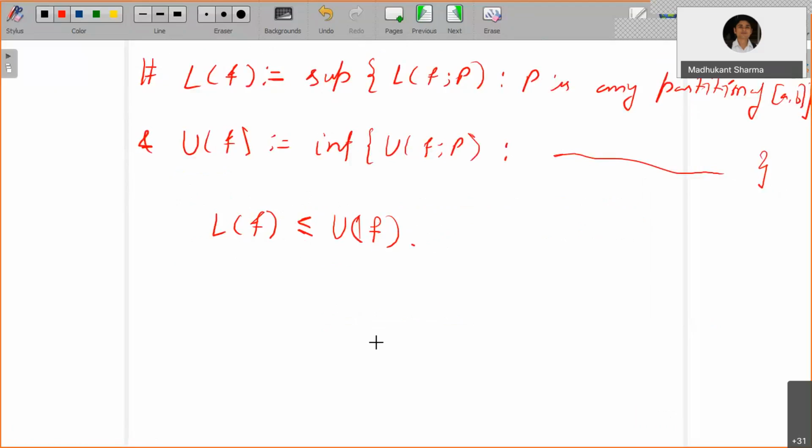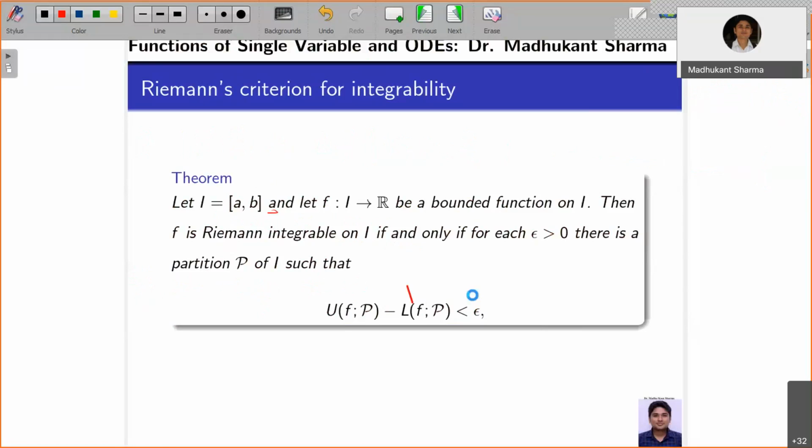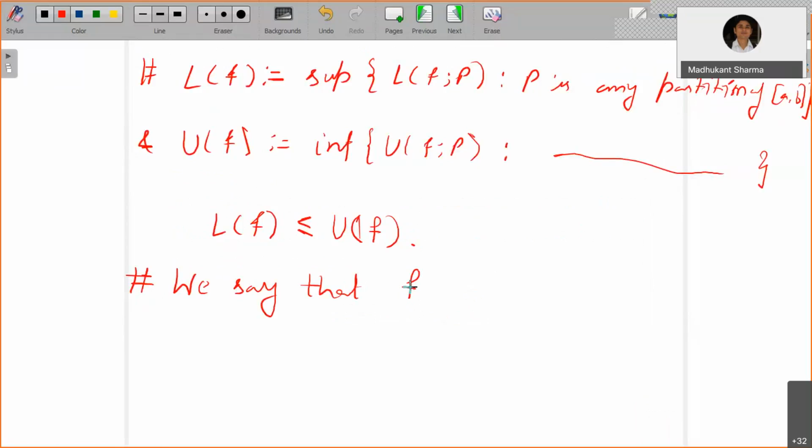Then we say that f is Riemann integrable over the interval a to b if L of f is equal to U of f.